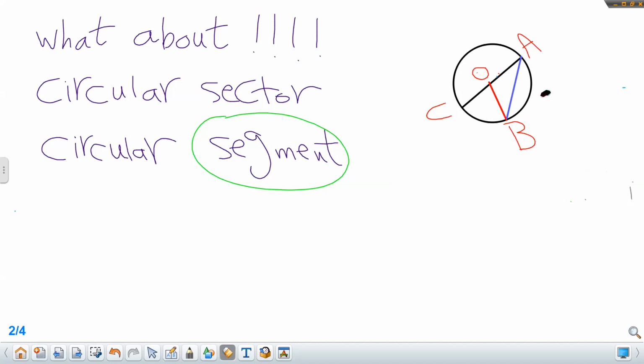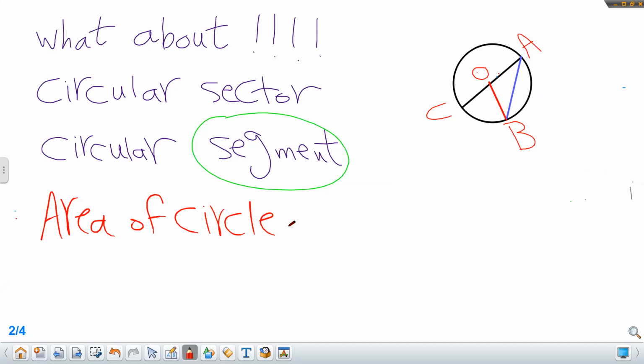Okay, but first, what about the area of the circle? The area of the circle, guys, is pi r square. You know that well. The area of the circle equals pi r square. Okay, how to find the area of the circular sector? Using this rule.